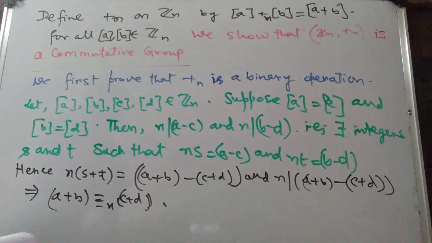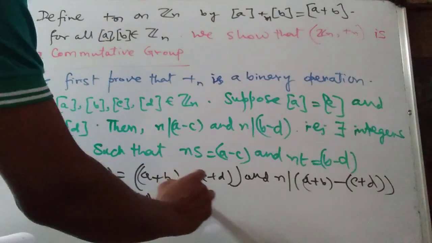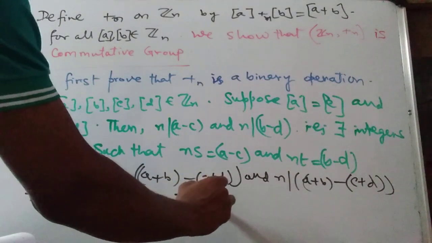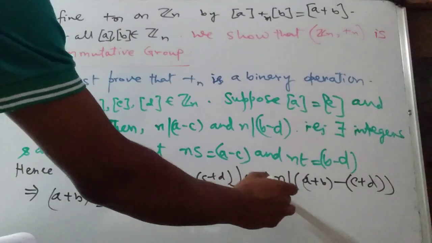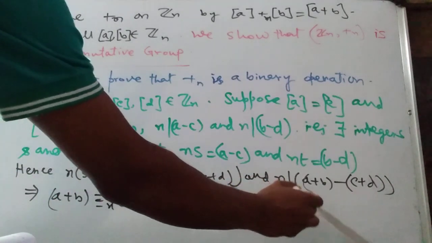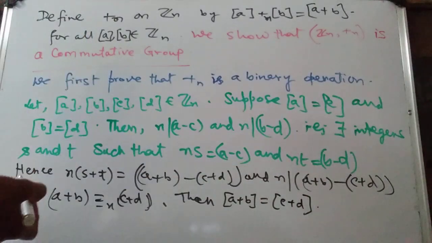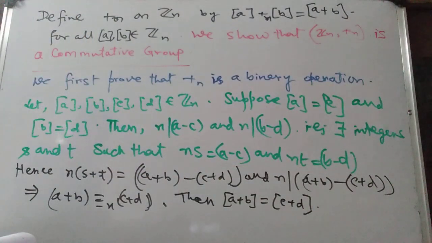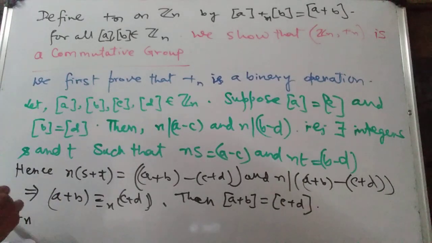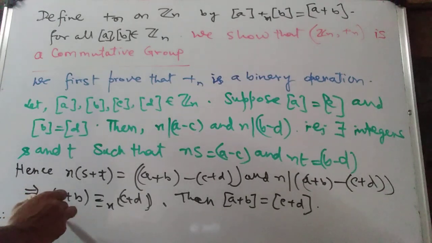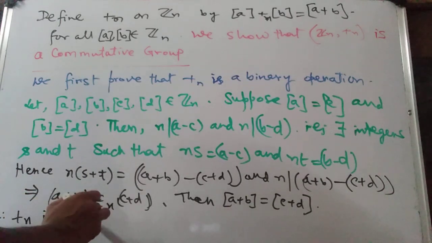Then class A plus B equals class C plus D. Then this implies that addition with respect to modulo n is well defined.